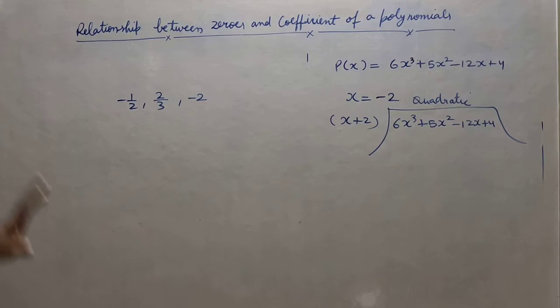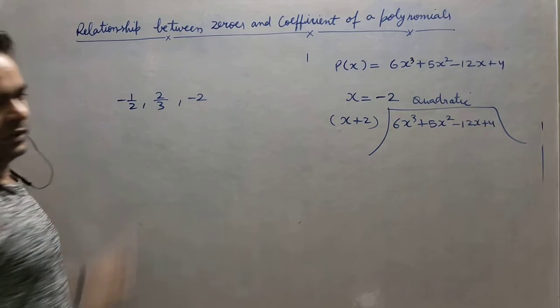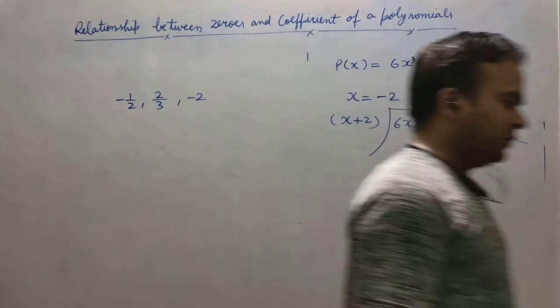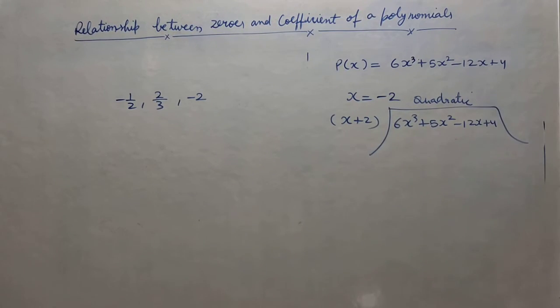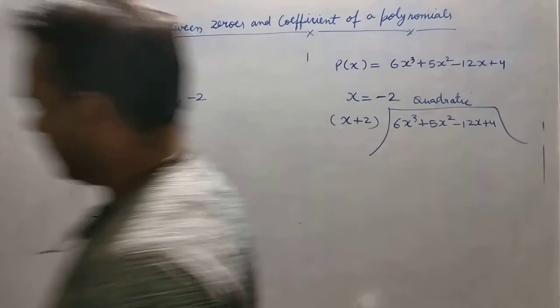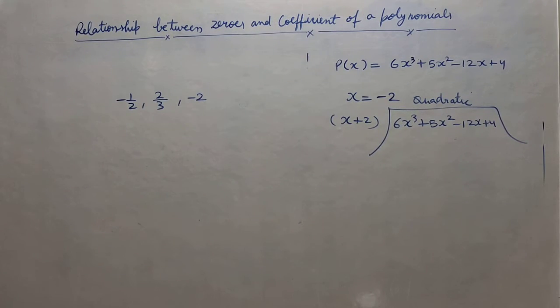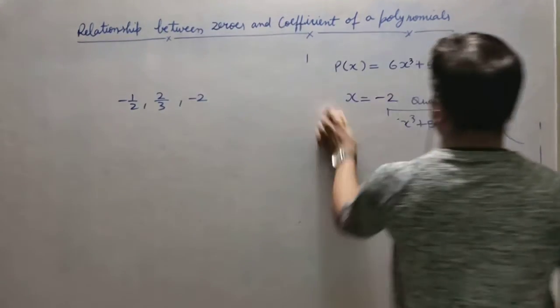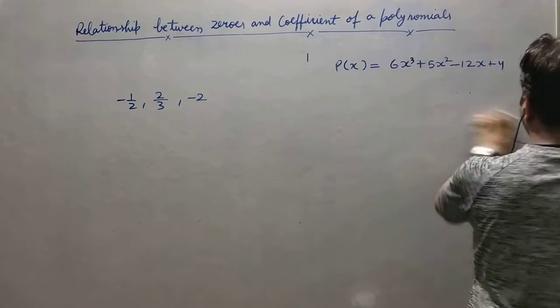Till here we are using the 9th class method. You can see the previous videos related to polynomials. In that video I have explained how to find the zeros of a cubic polynomial. But here we have to verify how these roots are related to the coefficients.